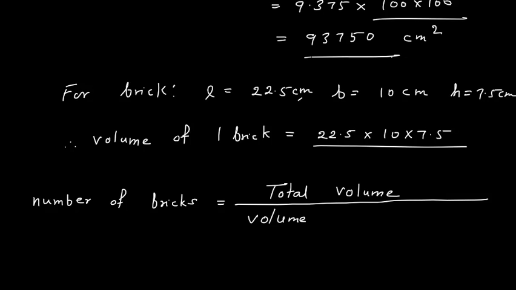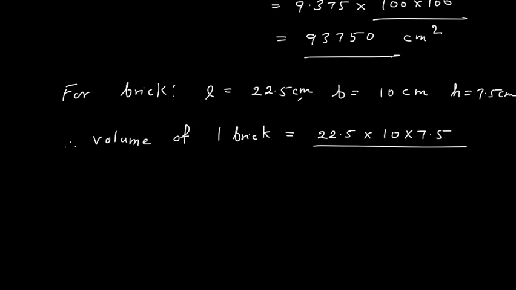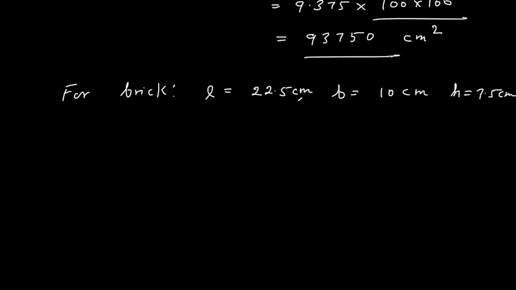Not volume, actually surface area of one brick. Oh, I am doing something wrong. Why am I finding volume? I have to find surface area of the brick. Okay, not the volume of the brick, because we are painting on the surface area.